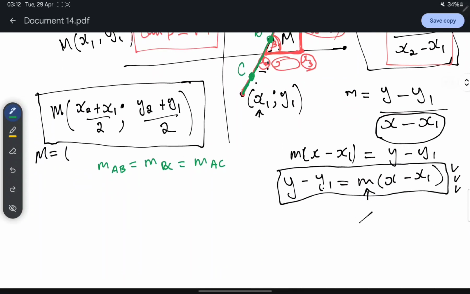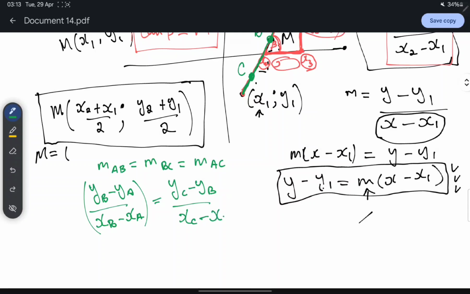And the equation of the gradient, which means we have yb minus ya over xb minus xa to be equal to yc minus yb over xc minus xb, which is also equal to ya minus yc over xa minus xc.